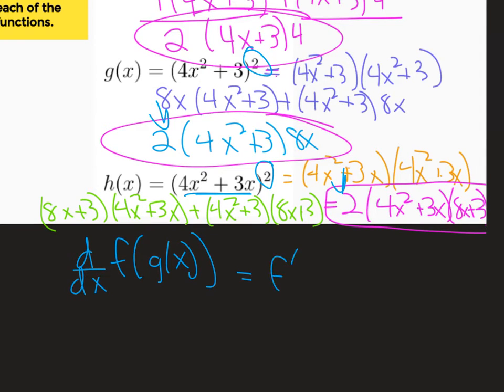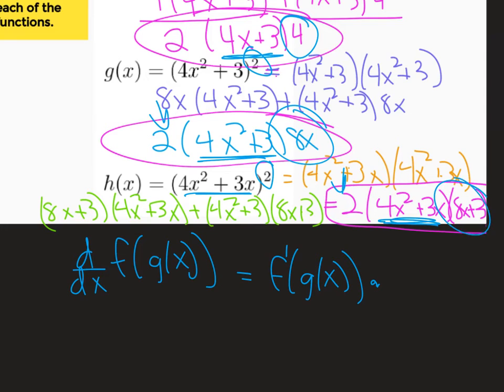So you take the derivative of the outside, leave the inside alone. That's why you have the 4x squared plus 3, that's why you have the 4x squared plus 3x, or the 4x plus 3. And then multiply this thing out here, you should notice, is the derivative of the inside, so that's g prime.